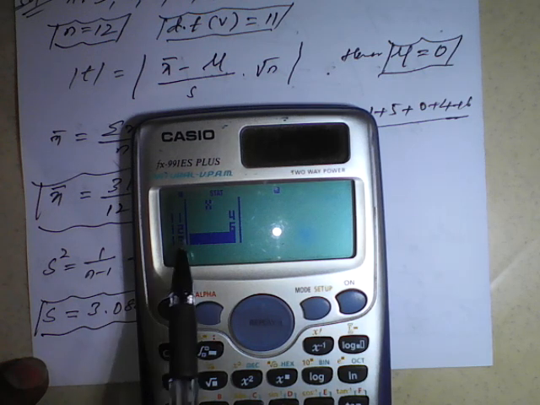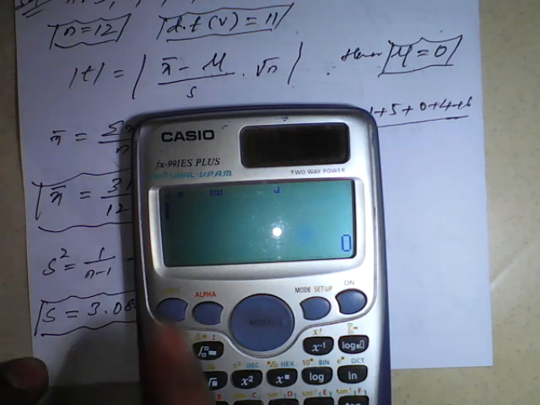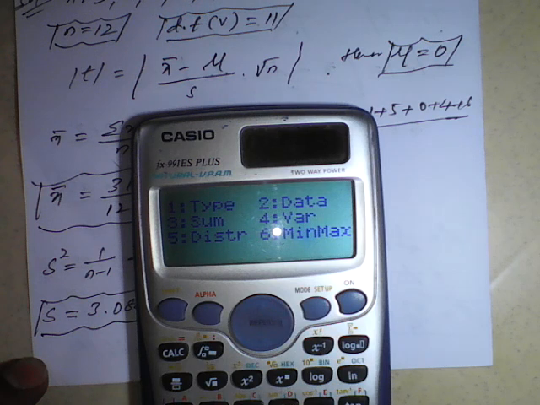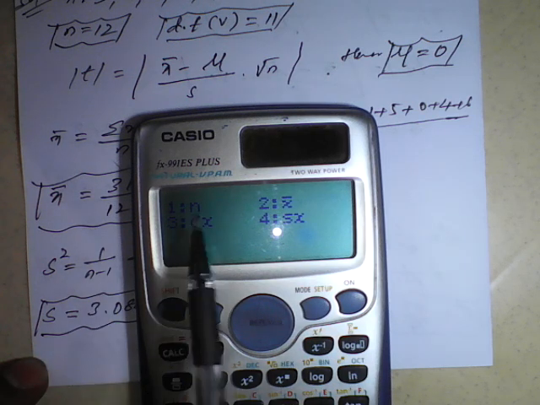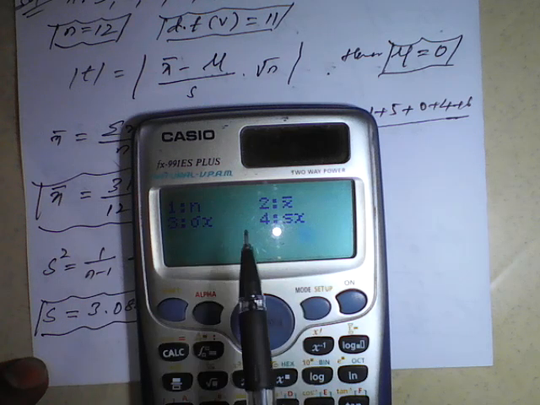The 12th number is 6. Then AC button, then shift 1, go to the fourth option, variance, that is 4. Here you have n, x bar, population standard deviation, and the sample standard deviation of x. This way we calculate using the calculator.